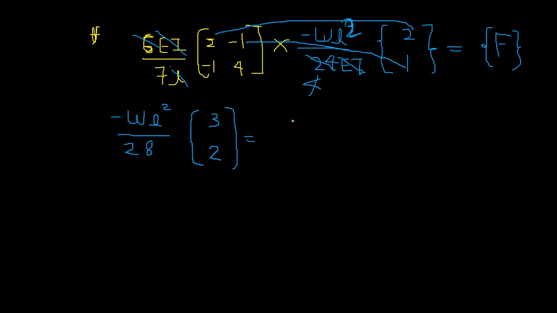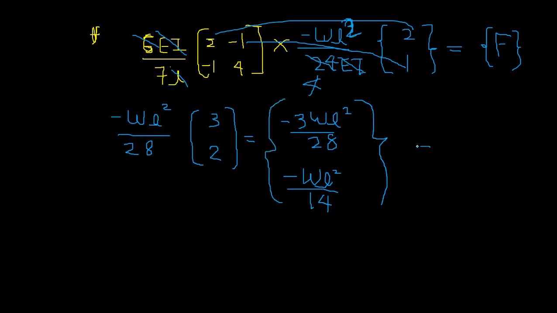So it's going to be -3 WL squared over 28 and minus WL squared over 14.